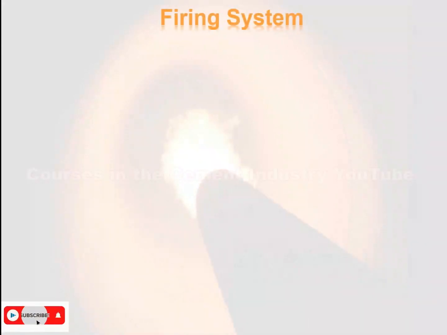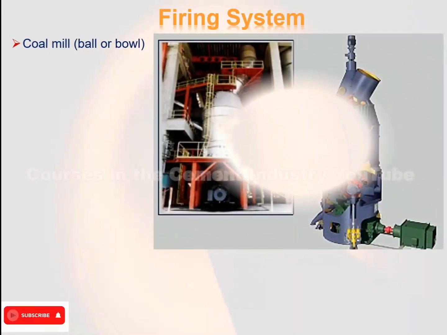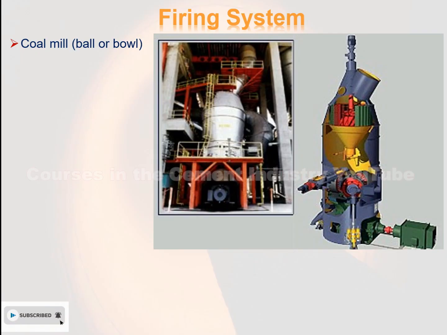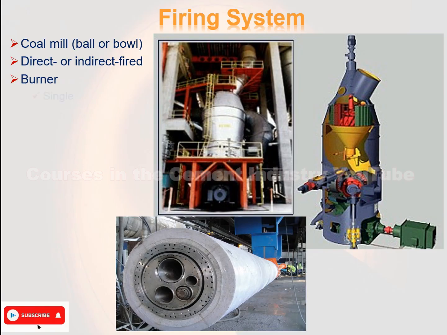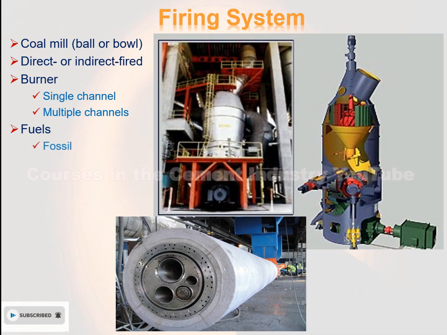Firing system. 1. Coal mill, ball or bowl. 2. Direct or indirect fired. 3. Burner: single channel, multiple channels. 4. Fuels: fossil, alternative, hygroscopic moisture.